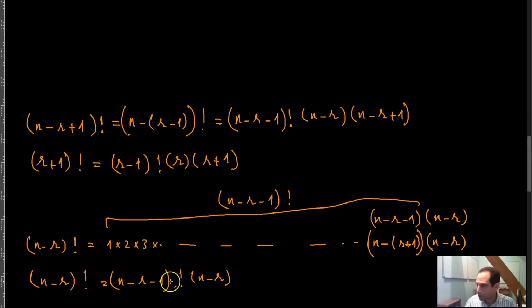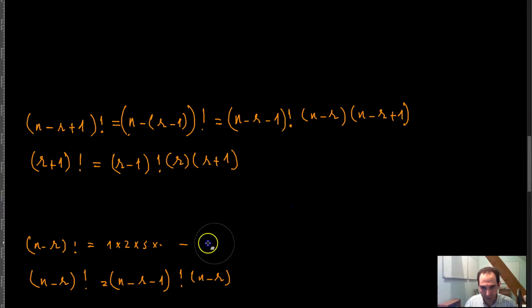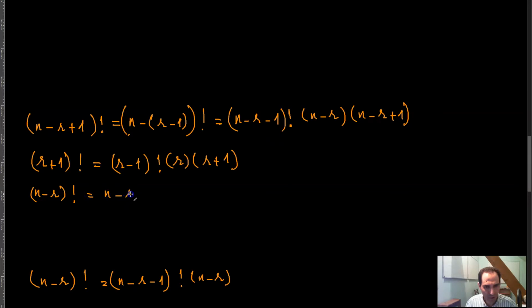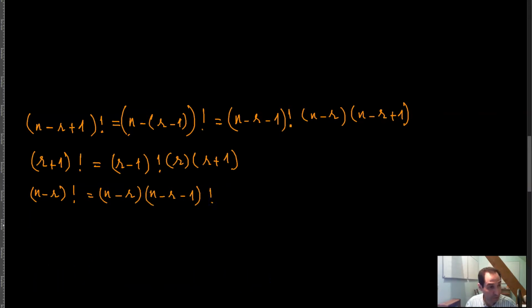And therefore you will be able to write n minus r factorial as n minus r times n minus r minus 1 whole factorial. That's another part that we have here.